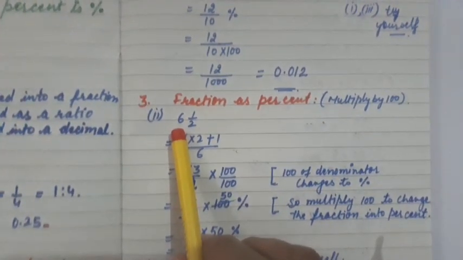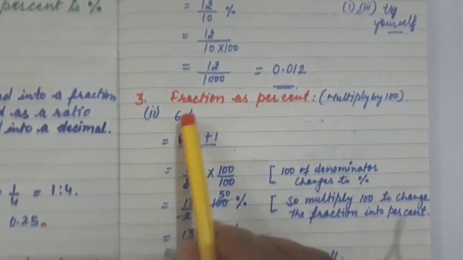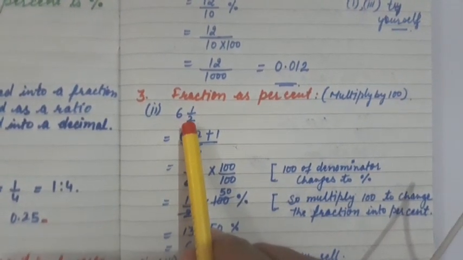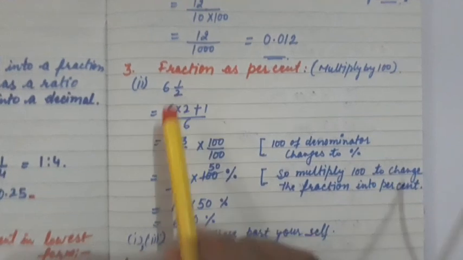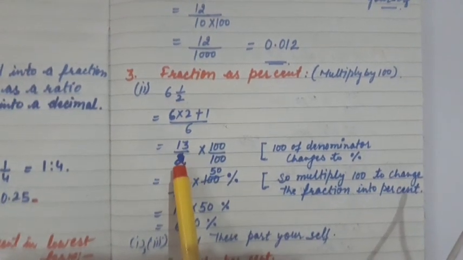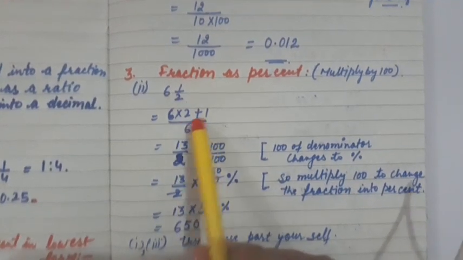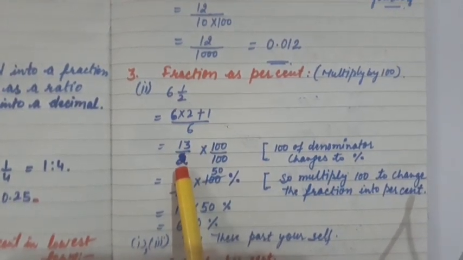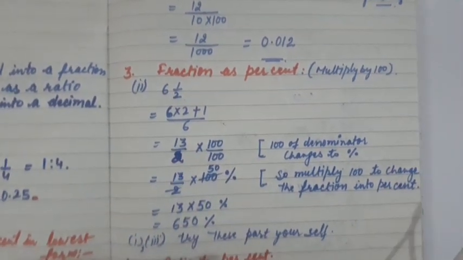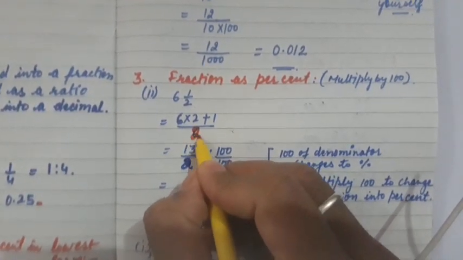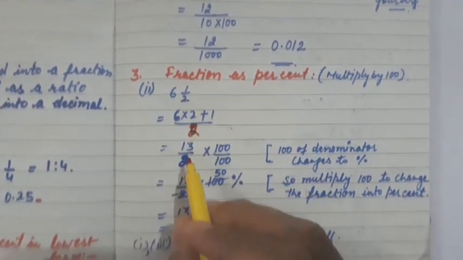First part is done in the book. Second part is 6 and 1 upon 2. In this case, it is a mixed fraction, so we will change it into simplest fraction form. So 6 twos are 12 plus 1, that is equal to 13 upon 2. Its denominator is 2.